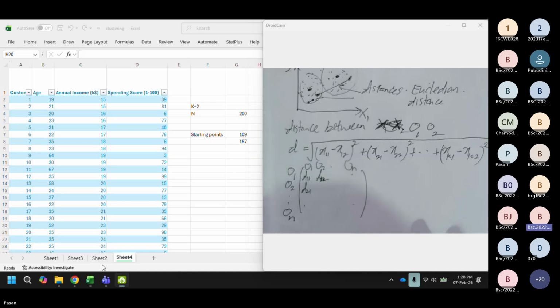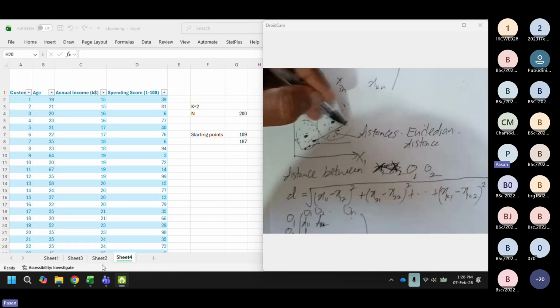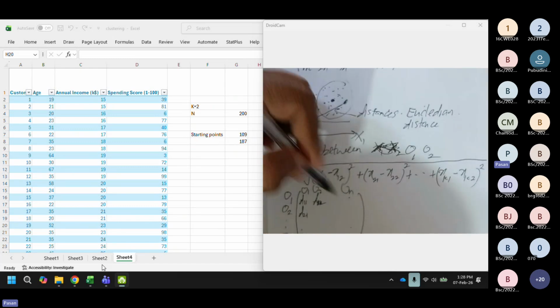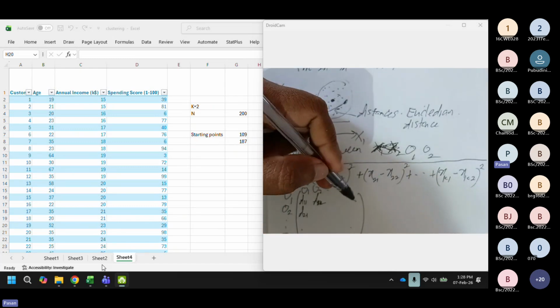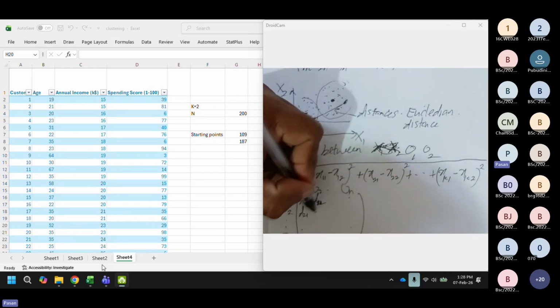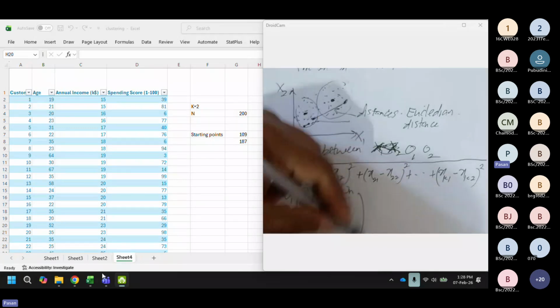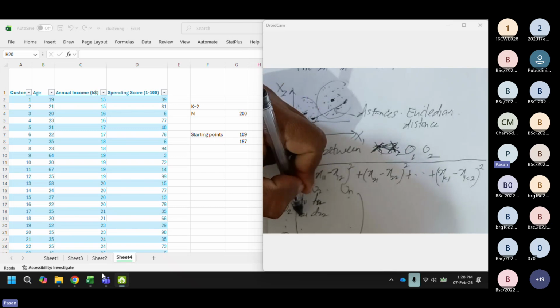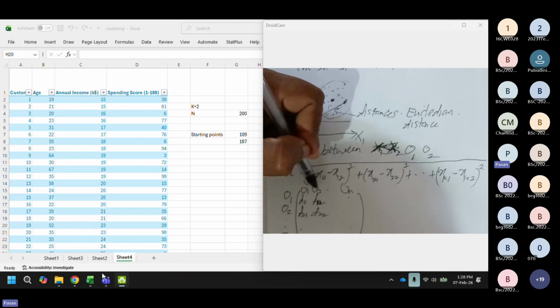Now, once you're looking at these distances, we can take all of them in a matrix like this. You can see that this matrix is symmetric: this number will be the same as this one, so the distance between the first one and the second one is the same as between the second one and the first one.